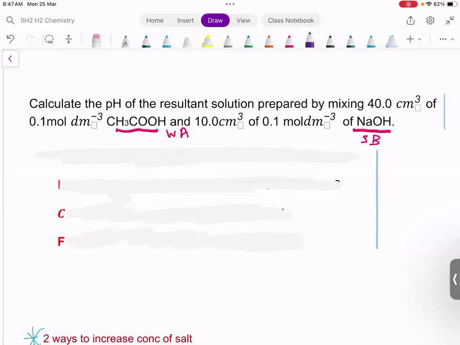ICF, not E, because it's not equilibrium.